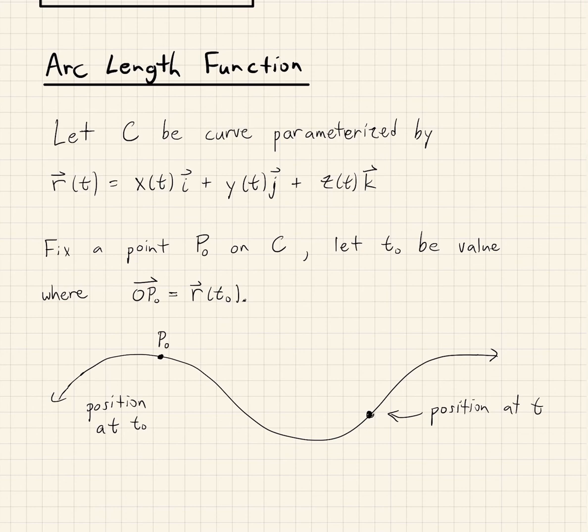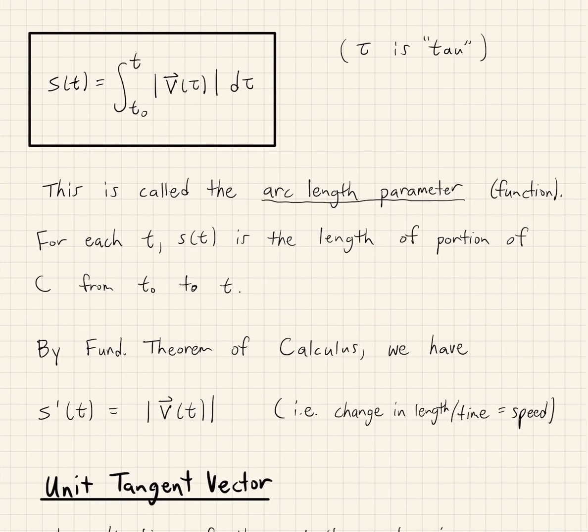So obviously if t was equal to t0, then we're over here, and the distance we've traveled is nothing. And since the length is always non-negative, we're going to get a function which spits out non-negative output. And that's this function here, the arc length parameter function, s of t.